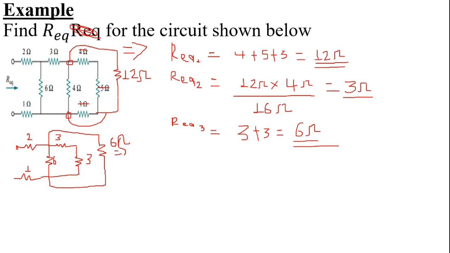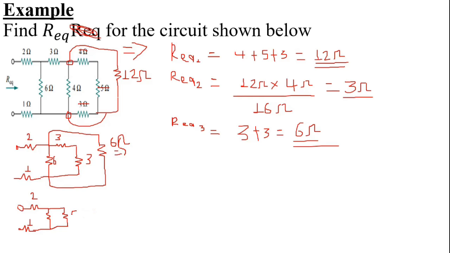Now our circuit is further reduced as we have 1 ohm here, 6 ohm, 1, 2, all are in ohms, and R equivalent 3, that means 6.